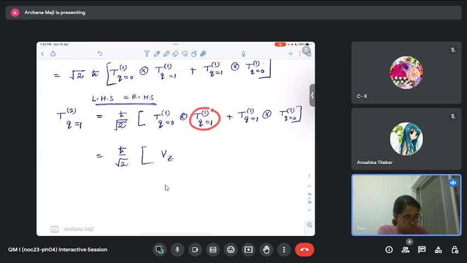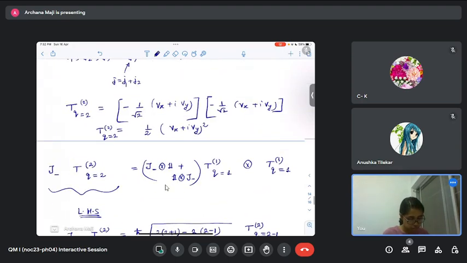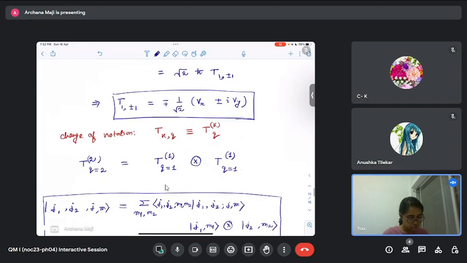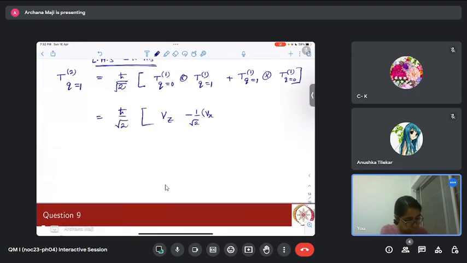We know what is T1 q equal to 1, it's minus 1 over square root 2 Vx plus Ivy, plus again minus 1 over square root 2 Ivy times Vz.